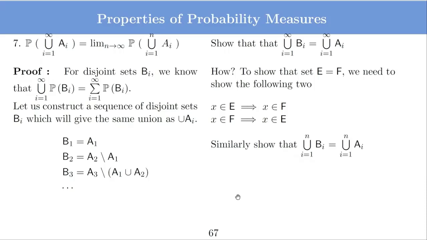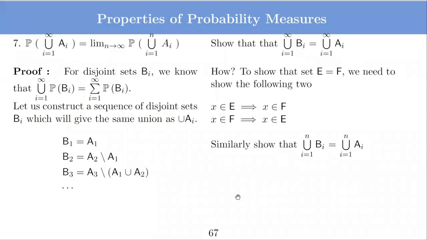So how do I show this? First of all, we will notice that this involves a union of sets, and the result of equality which we know is only defined for sets which are disjoint. So let me construct a sequence of sets such that the union still remains the same.